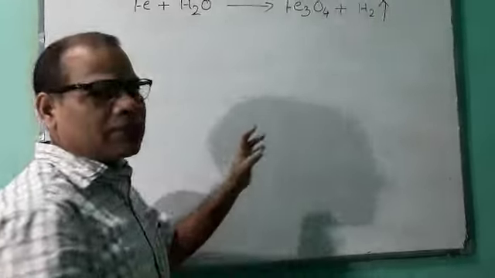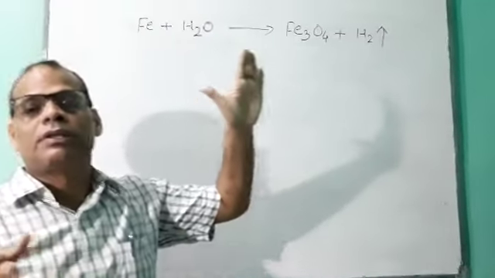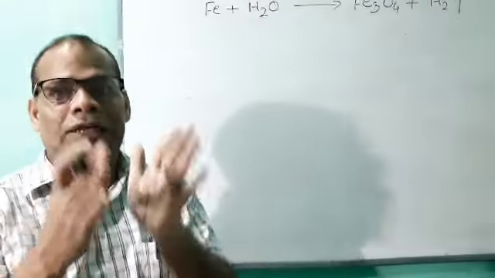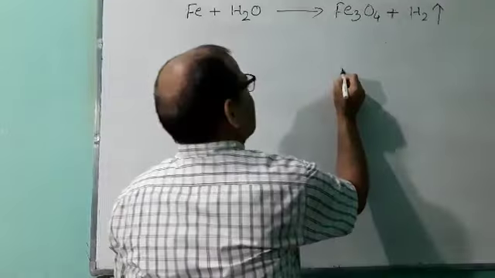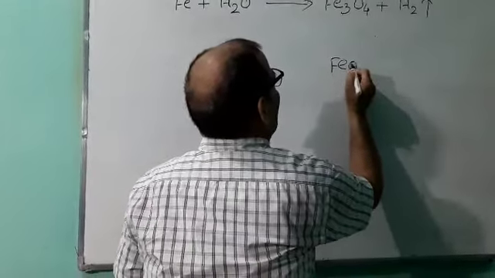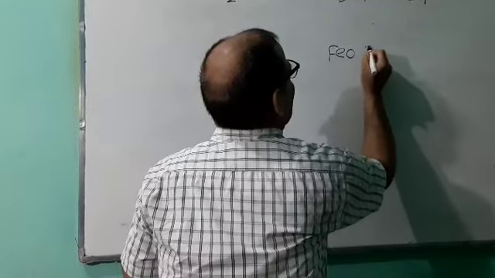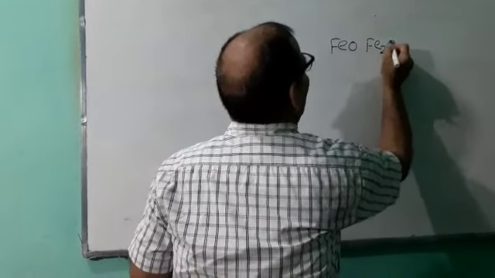As we have already discussed, Fe3O4 is a mixture of iron 2 oxide and iron 3 oxide. It is a mixture of FeO and Fe2O3.